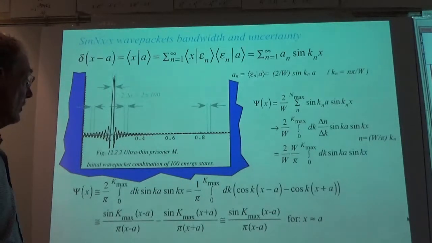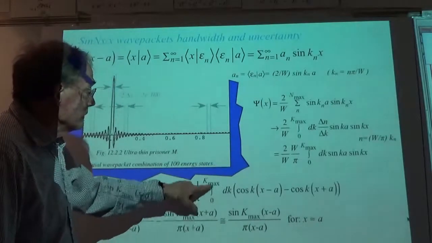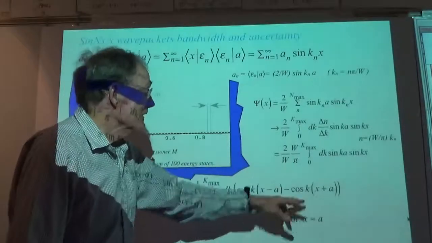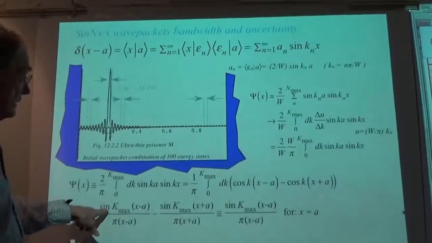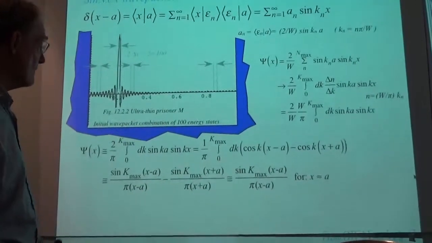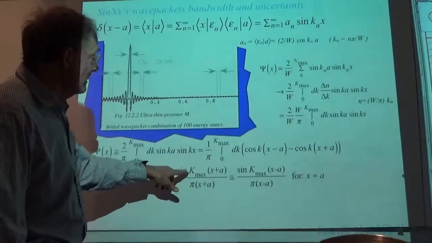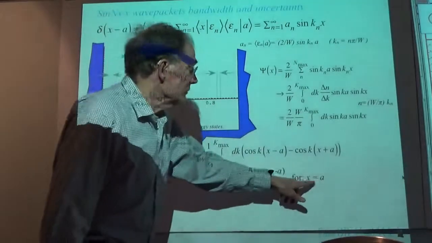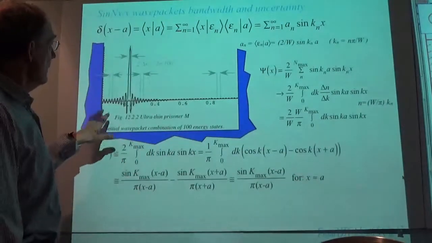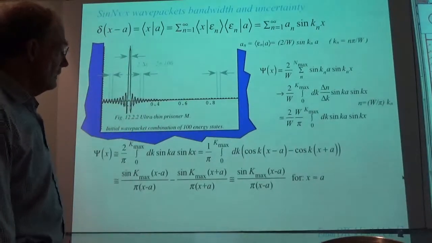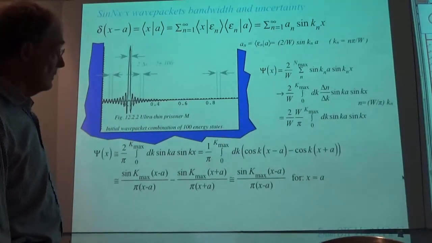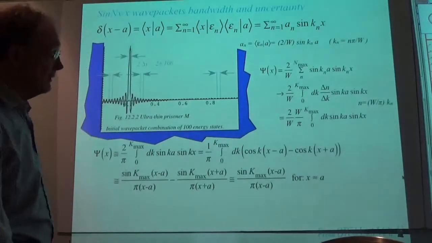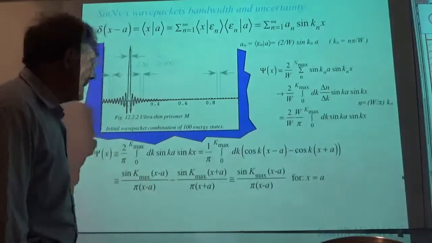So when I finish doing this integral from 0 to k max, 0 to 100 basically, I'm going to get this minus that. There's this k max (x minus a), and we've got k max (x plus a). For x close to a, in the neighborhood of the distance we've chosen, this just boils down to sine of k max (x minus a) over (x minus a).